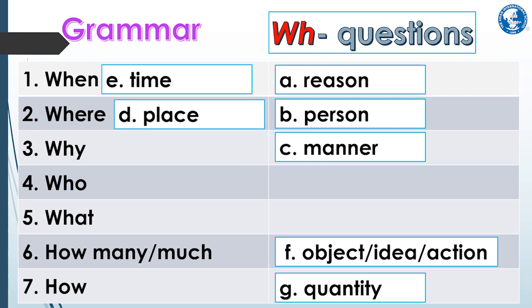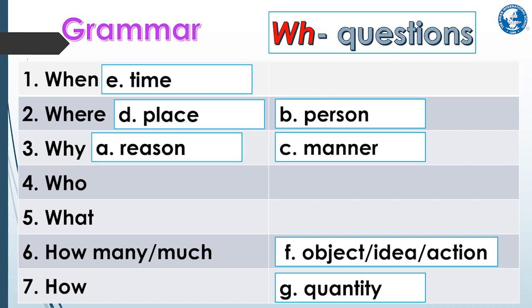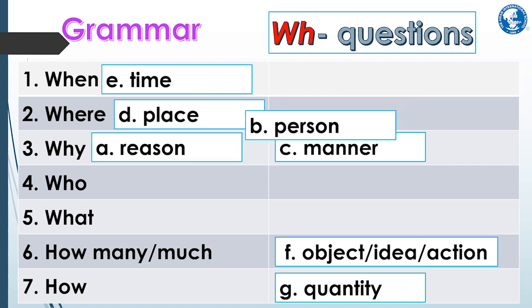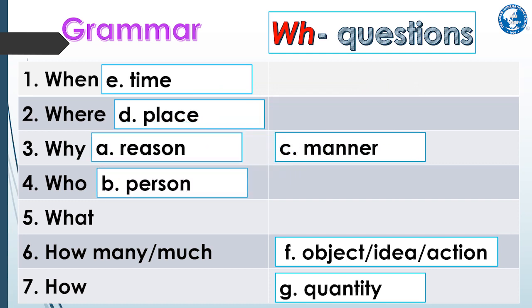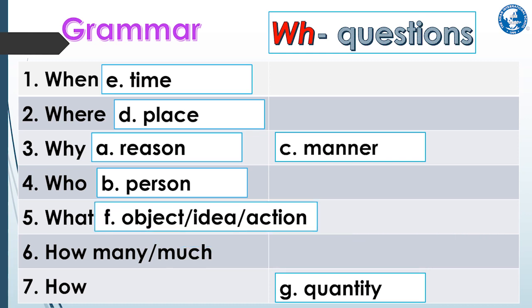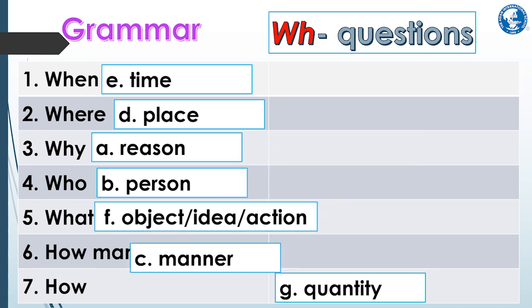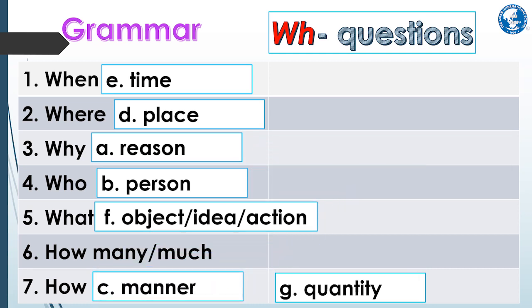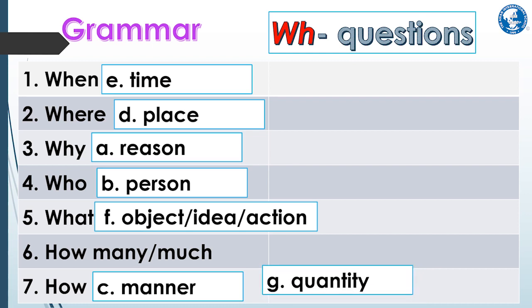Why? It is used to ask about reason. Who? Person. What? Objects, idea, or action. How? It is used to ask about manner. How many? How much? It is used to ask about quantity.